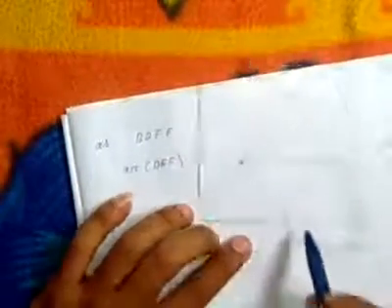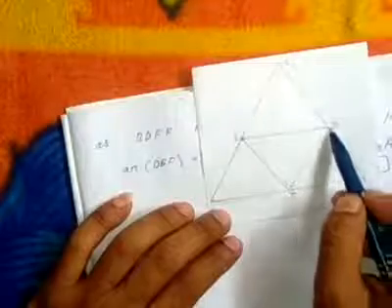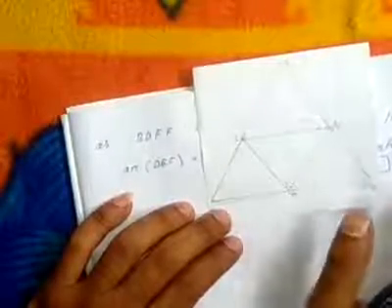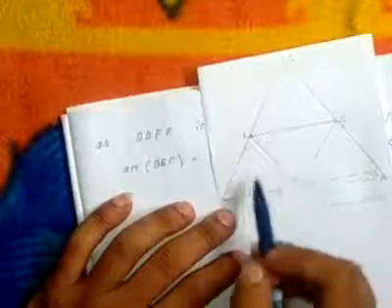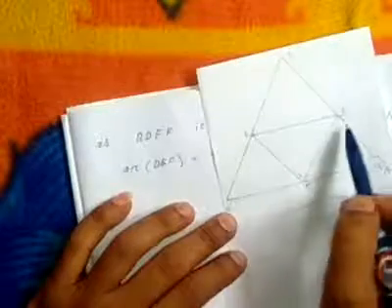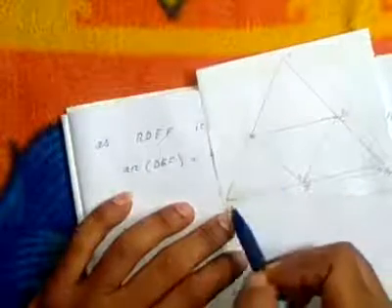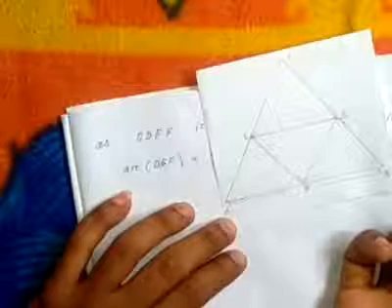Again you can see, as we know, BDEF is a parallelogram. The same way, DEAF is also a parallelogram, isn't it so?